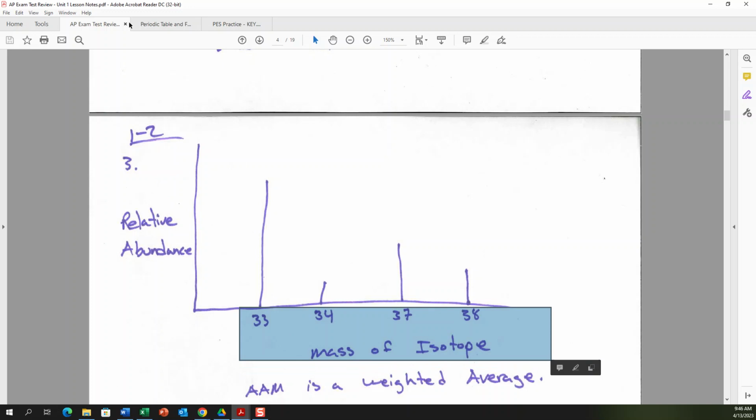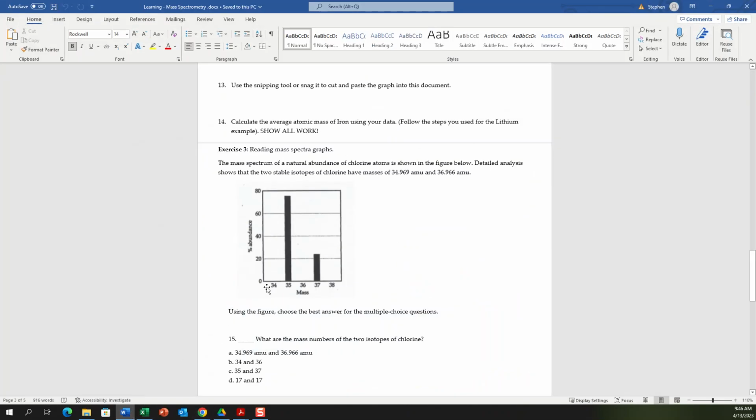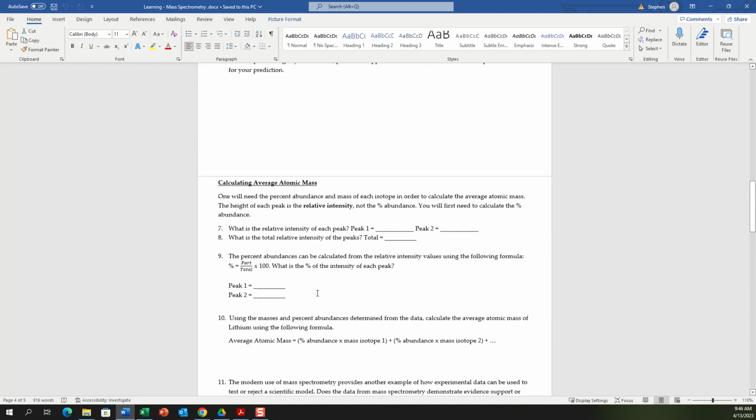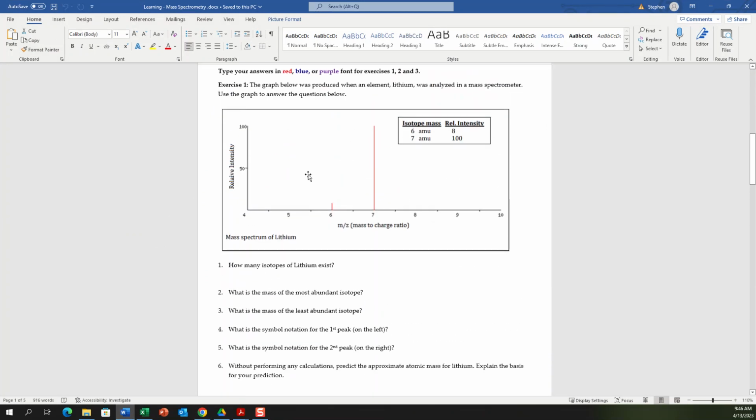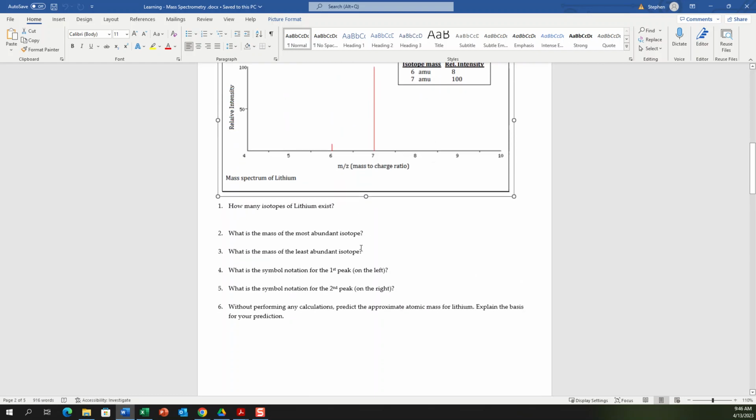mass spec readout, okay? So I think I have it up here. Here's an example, percent abundance, mass of isotope. Here's kind of another example, relative intensity in this case, but again, mass of isotope here.